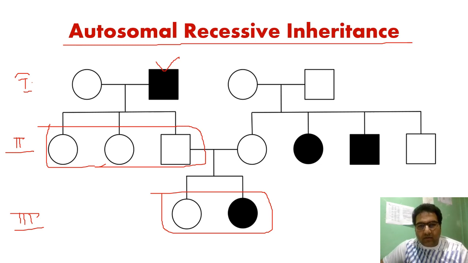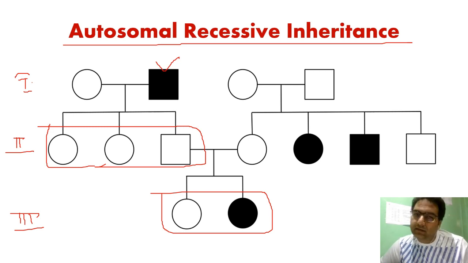And secondly, males and females are affected equally, and if both the parents are affected, then the children born to such parents are affected. In most cases, if unaffected people mate with affected individuals, the children produced are unaffected, because the disease is recessive.